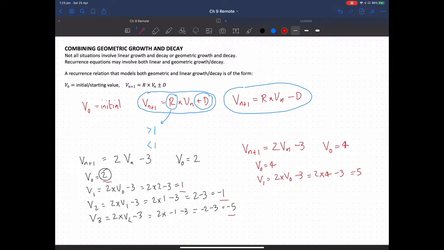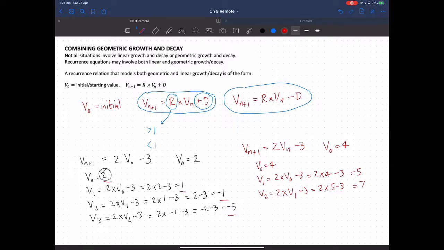If I went to work out V2, I get 2 times V1 minus 3. 2 times V1, V1 was 5, minus 3. 2 times 5 is 10, 10 minus 3 is 7.